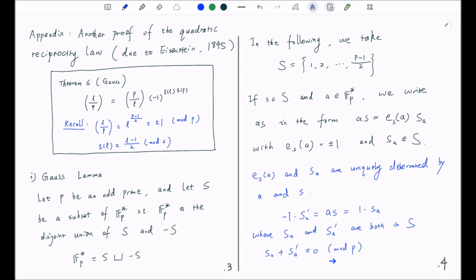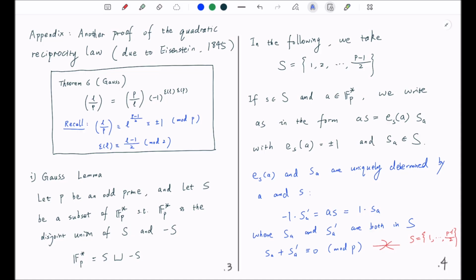So it cannot be congruent to 0 mod p. This is a contradiction to the construction of S. Therefore, E sub S of A and S sub A are uniquely determined by A and S.